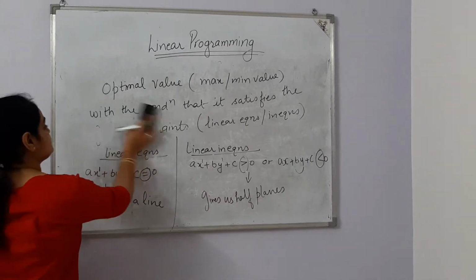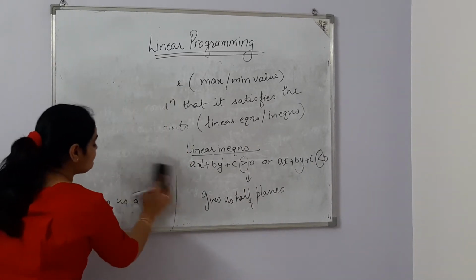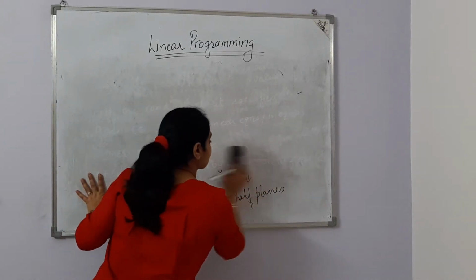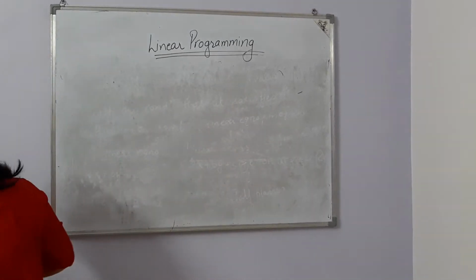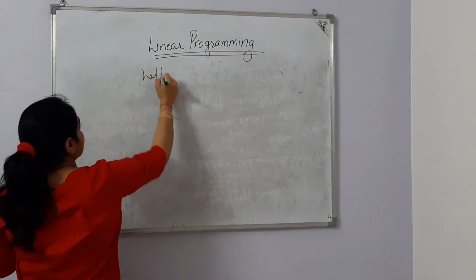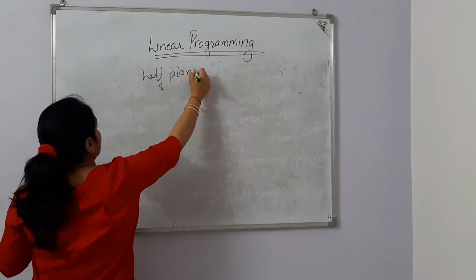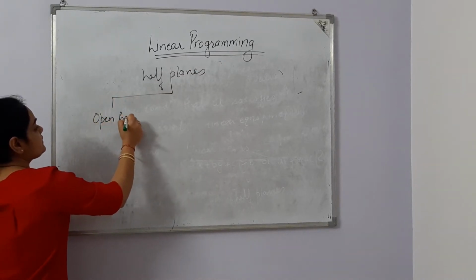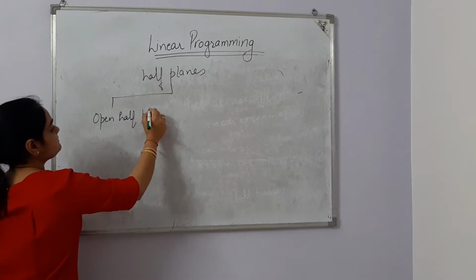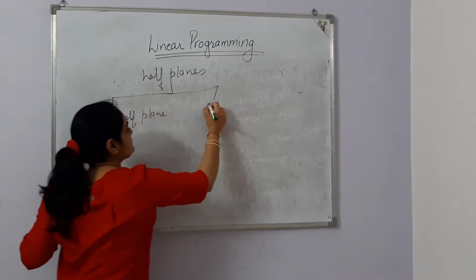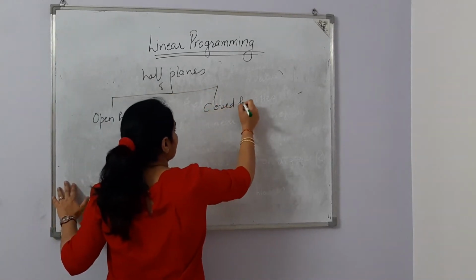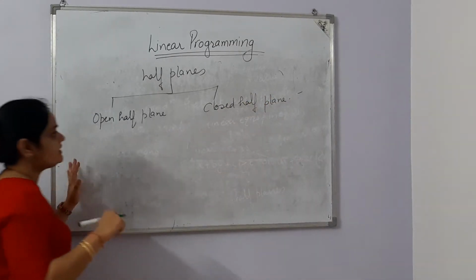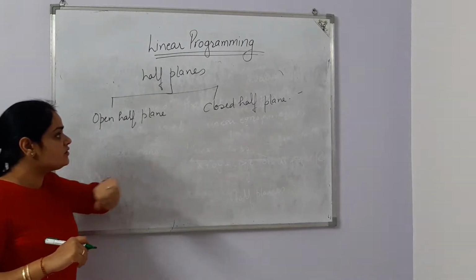A half plane is of two types. One is an open half plane, and another is a closed half plane.